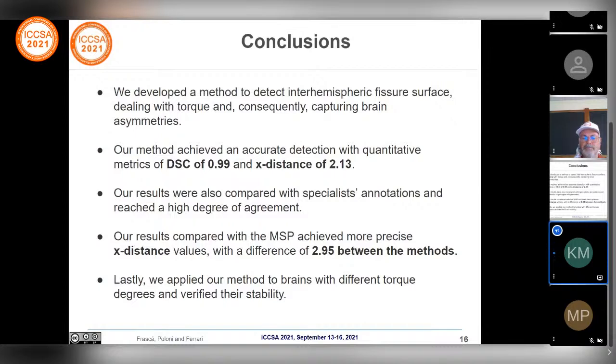Our results were also compared with specialist annotations and reached a high degree of agreement. Also, we compared our results with the MSP and achieved more precise X distance values with a difference of 2.95 between the methods. Lastly, we applied our method in brains with different torque degrees and verified the stability. Our results show statistical significance.